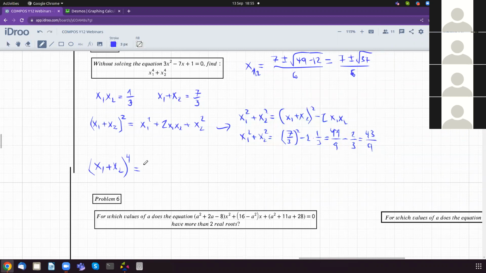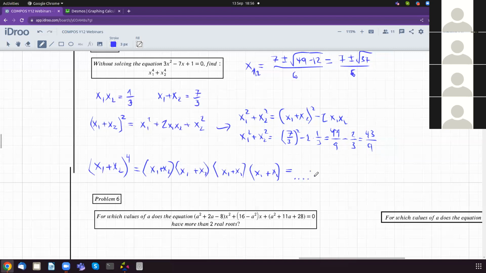If you don't know the binomial formula, don't worry. All you need to do is write 4 brackets and just expand them. So x1 plus x2, x1 plus x2, x1 plus x2, x1 plus x2. It's not the fastest thing to do, but it's doable.